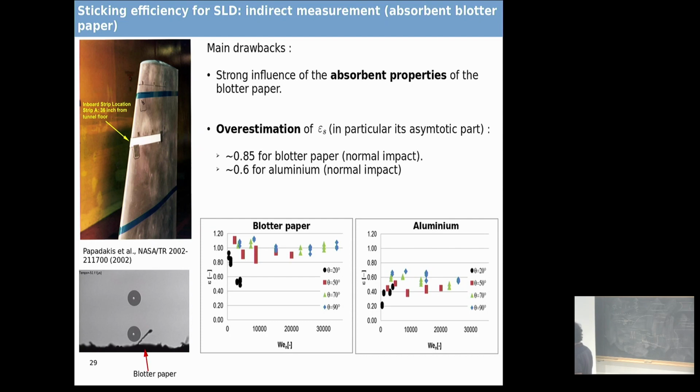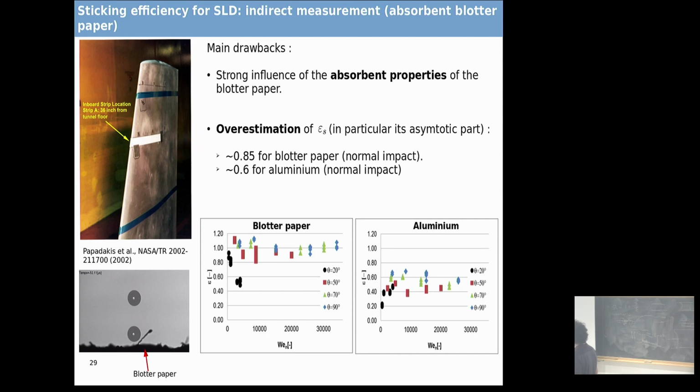For instance, here are experiments for blotter paper. We see that at large velocity, there is an asymptotic behavior, and it is estimated that 85% of the liquid water sticks to the wall. We performed the same experiment with aluminium, and it was not 85, but 60. So there is quite a difference. This is due to the absorbent properties of the blotter paper.